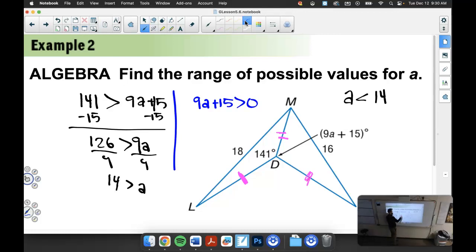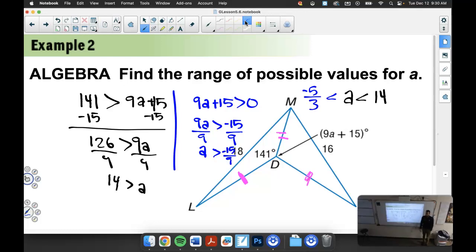Okay? So we get 5/3, 15 ninths, 5/3. We don't want our angles to be 0 because that means that they're not angles anymore.